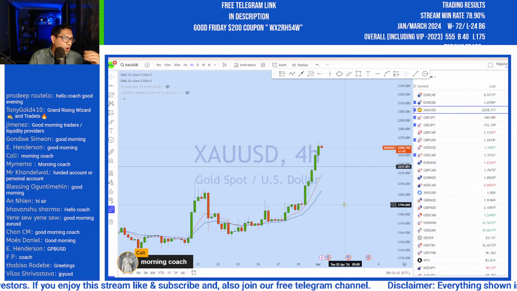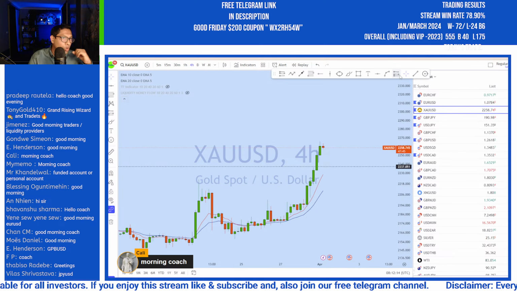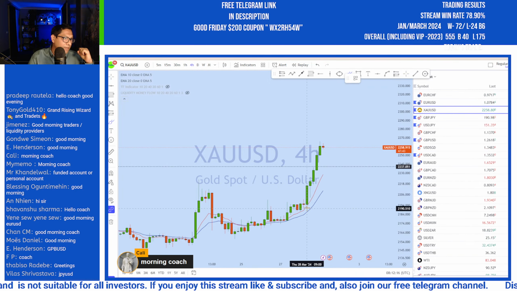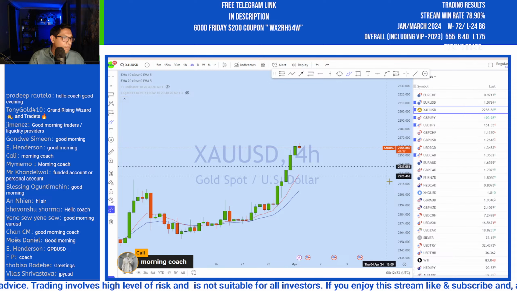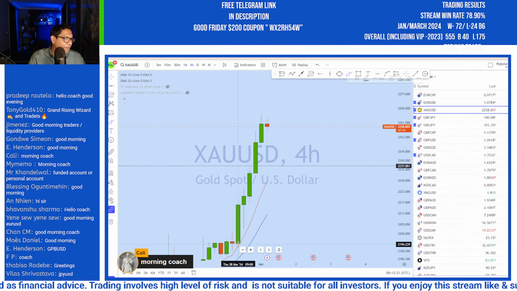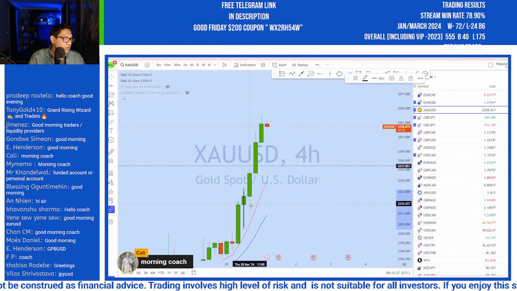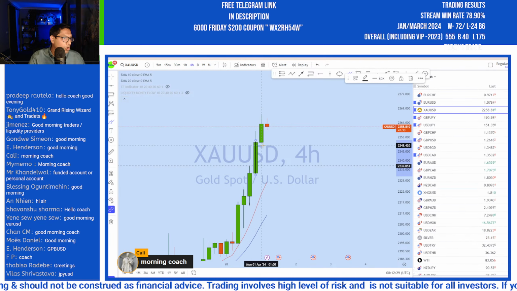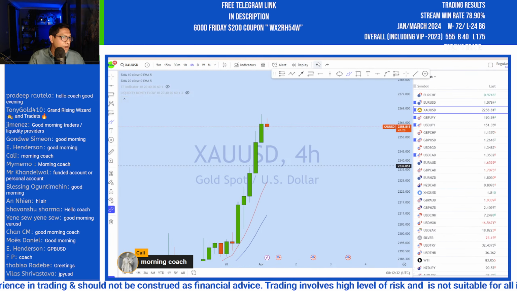From the 4-hour perspective, we can see that this is a very strongly impulsive market here on gold. And with that impulsive market, you can see these are the 4-hour candles. Every candle is a strong bullish candlestick pattern.